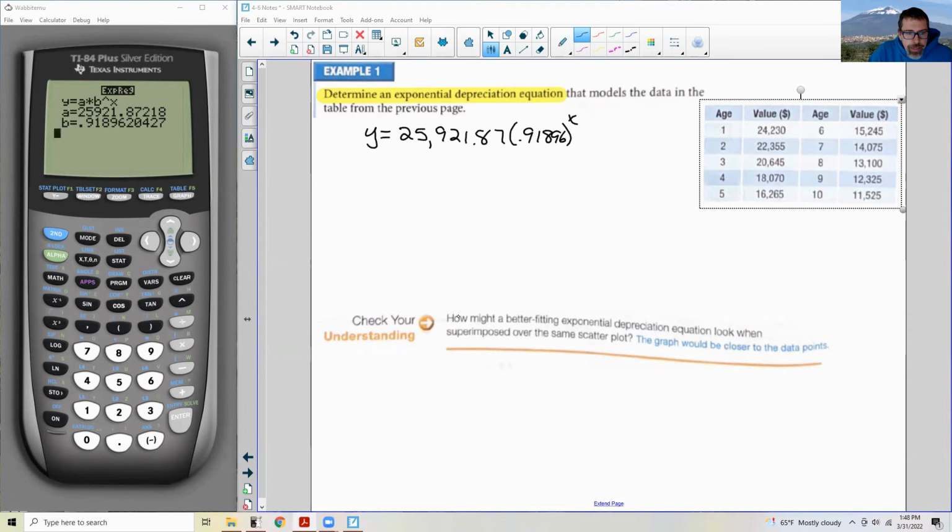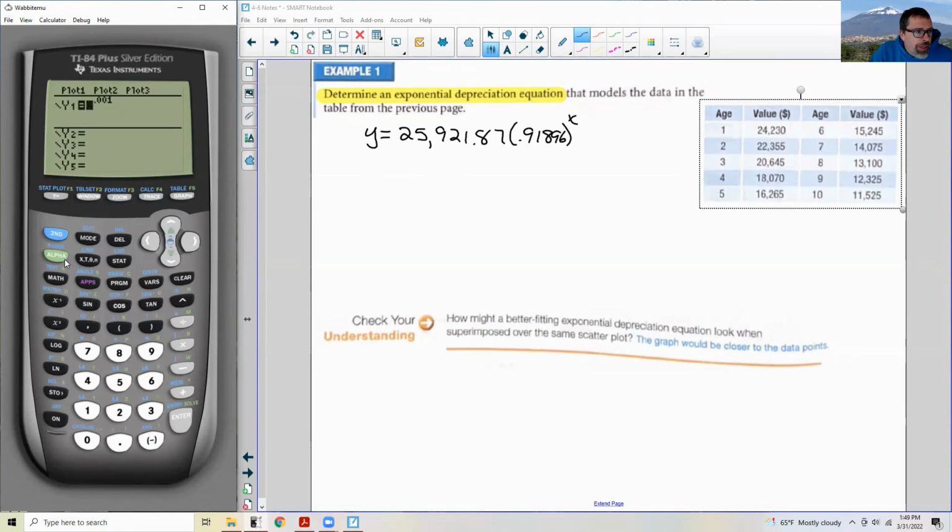So then it asks how a better fitting exponential depreciation equation would look when superimposed over the same scatter plot. The graph would be closer to the data points, is what the answer would be. So I'm going to turn my scatter plot on.